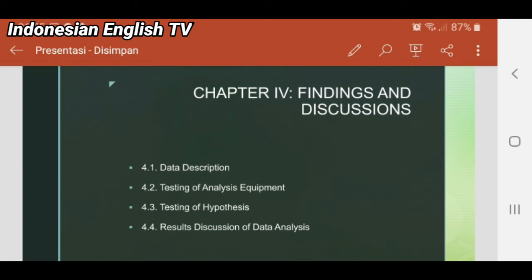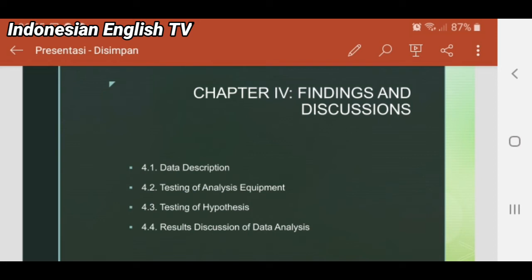And all the real research will be written very detailed in chapter 4, where you need to explain in detail about the findings and the discussions. And in chapter 4 you have 4 kinds of things that you have to write.